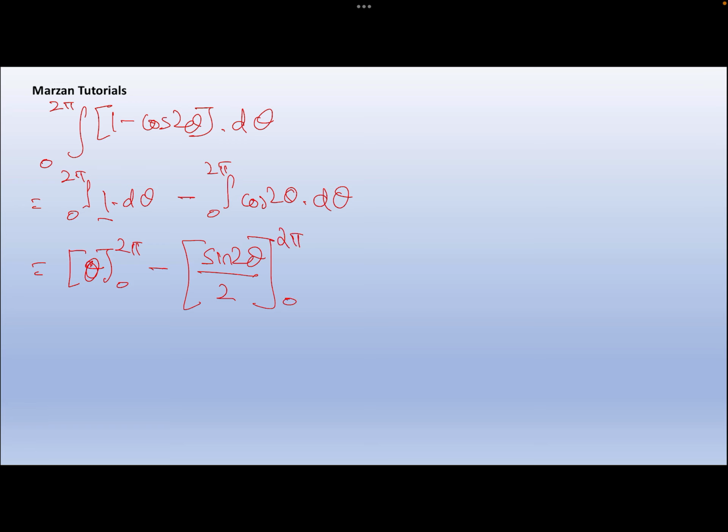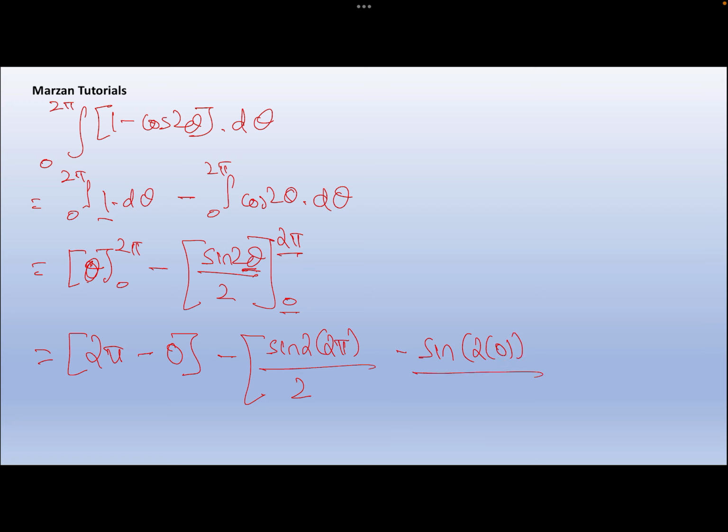Now what we do is upper limit minus lower limit. So in place of theta, first I'll have 2 pi minus 0, minus, and then in place of theta in sine 2 theta, first I will have 2 pi and then 0. So it will become sine 2 into 2 pi upon 2 minus sine 2 into 0 upon 2.